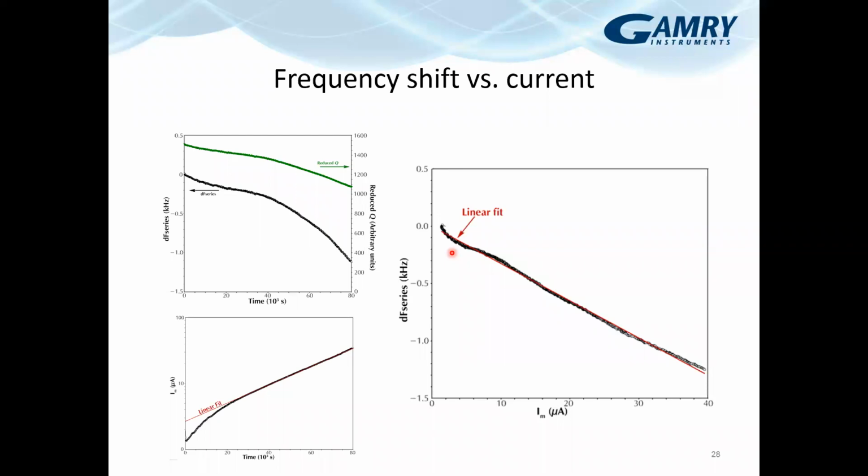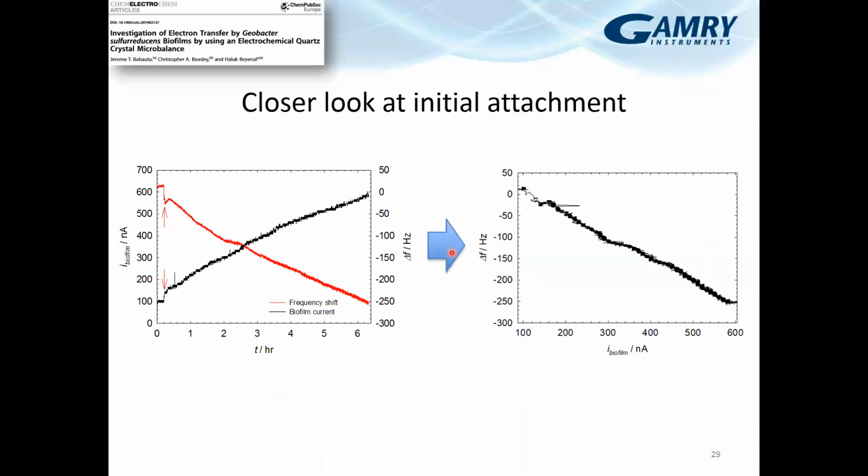And so you might say, well, that looks like a line, but it's not really linear. It looks like there's some parts where it flattens out and then it decreases. So if you look at, here, this comes from a paper that we published a while back. If you look at the closer, initial attachment, now this is the same current versus time, and then frequency shift on the secondary axis.